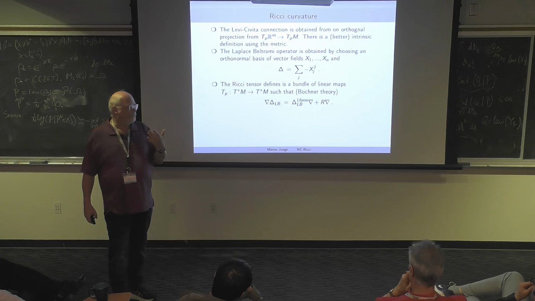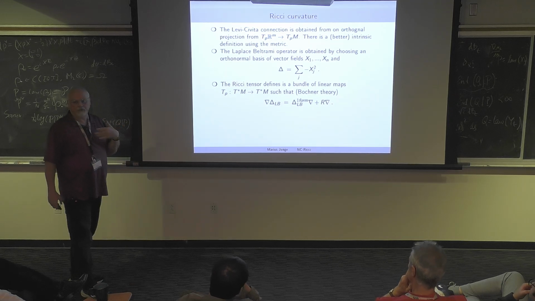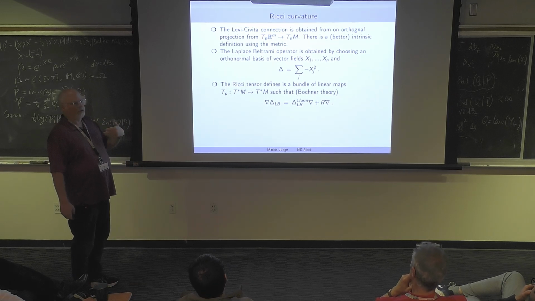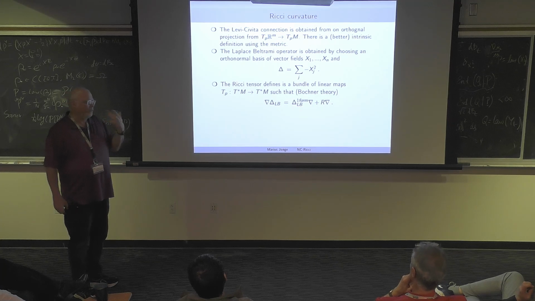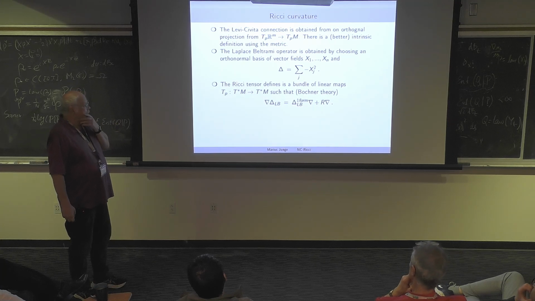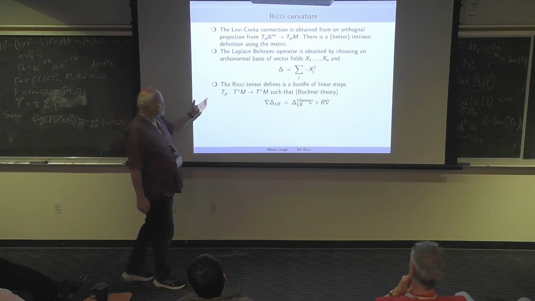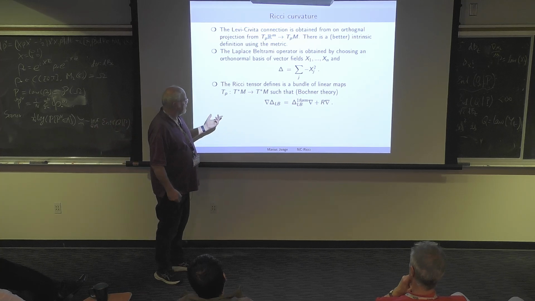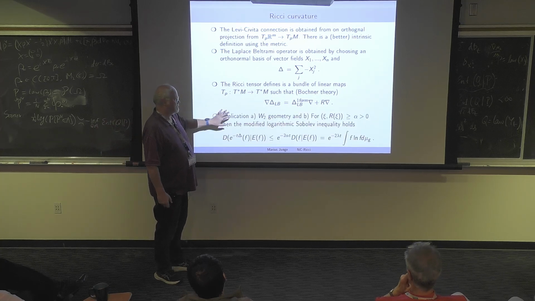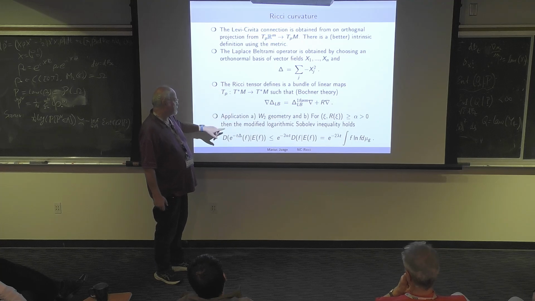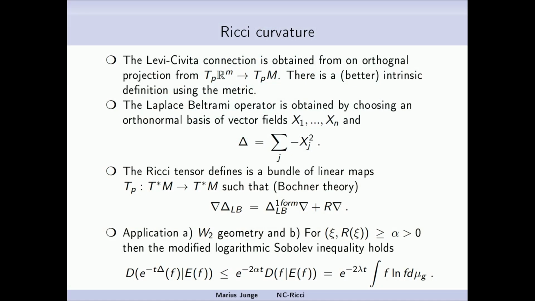This is the cotangent formulation, which for non-Neumann geometry is a little bit better, but it's also better for semigroup theory. Okay, so we have this linear map, and then this has nice applications. The Ricci curvature is positive if this linear map is positive as a bilinear form, and then this is important for W2 geometry. That's not my expertise, but I know enough that it's really important.